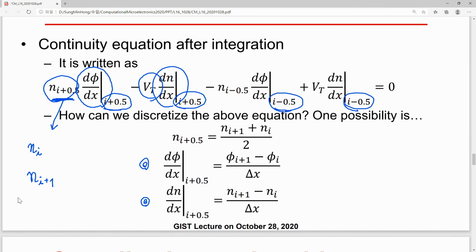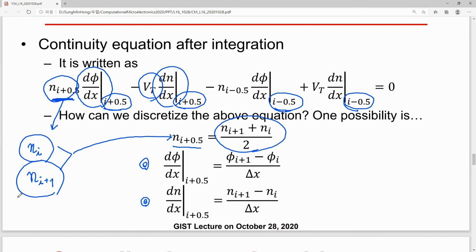We have concrete values for these 2 points, but we are now asked to provide the electron density at the midpoint. How can you treat it? For a while, we'll just take the average over these 2 surrounding grid points. We will improve this expression later, but for now, we will just treat it as a simple average.